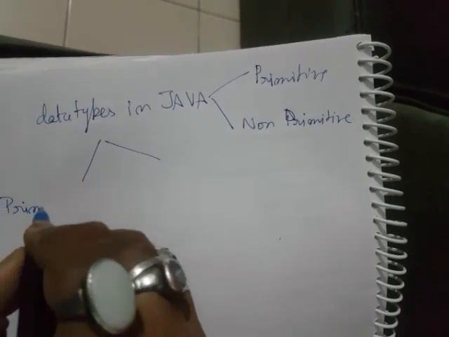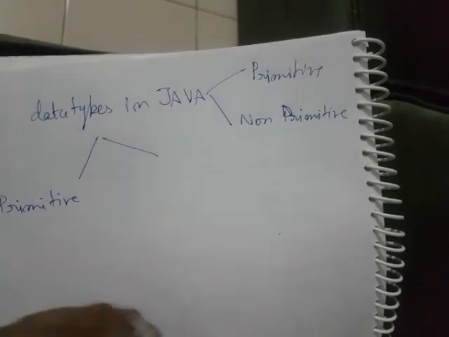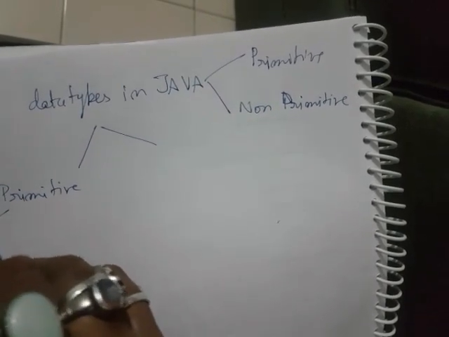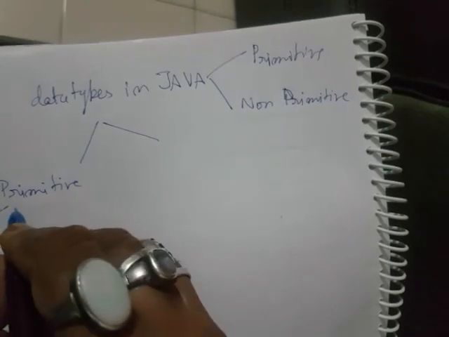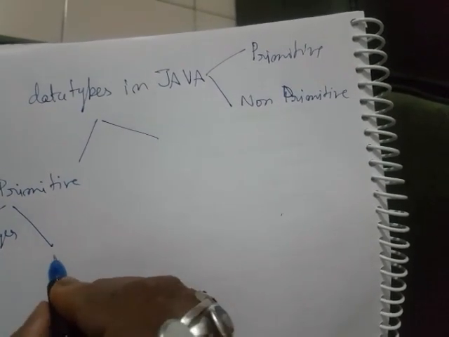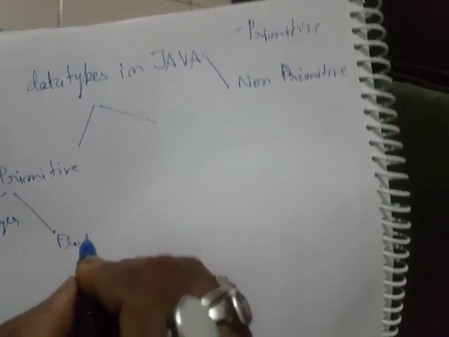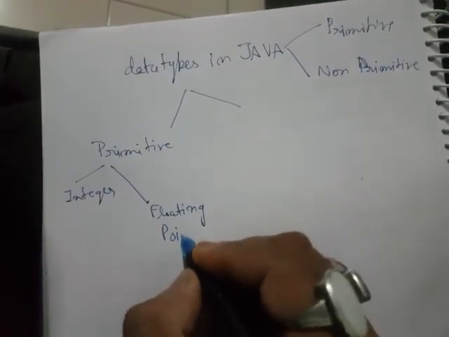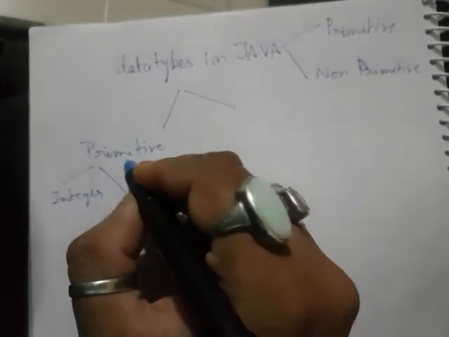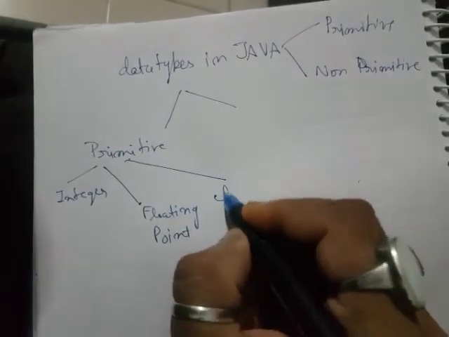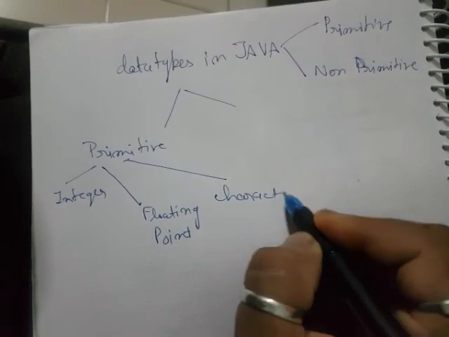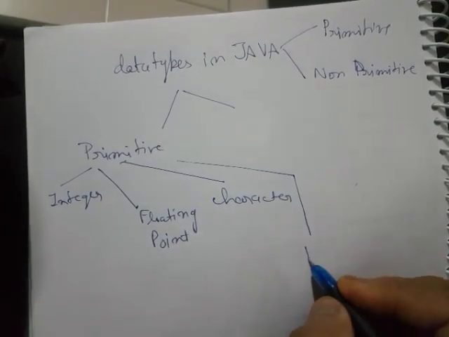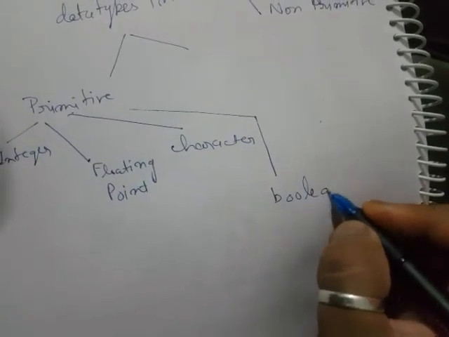In the primitive data types, we have the integer family, we have got floating point type, we have got a data type for the character, we have a data type for the Boolean.